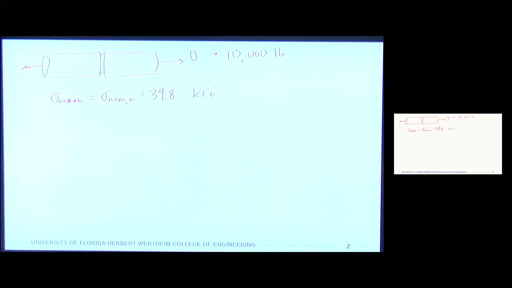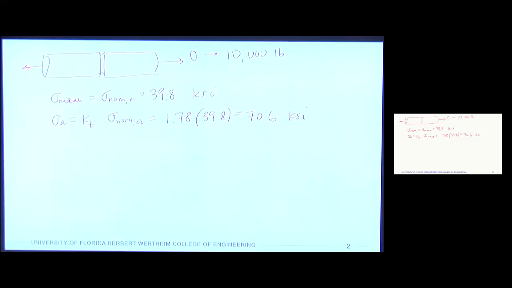And the amplitude is where we need to apply the fatigue stress concentration factor. So that was KT times the nominal amplitude, which was 1.78 times 39.8, 70.6 KSI.